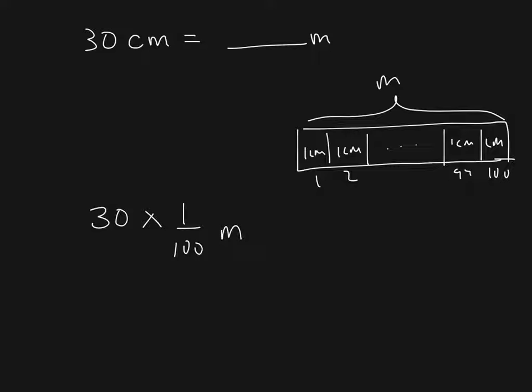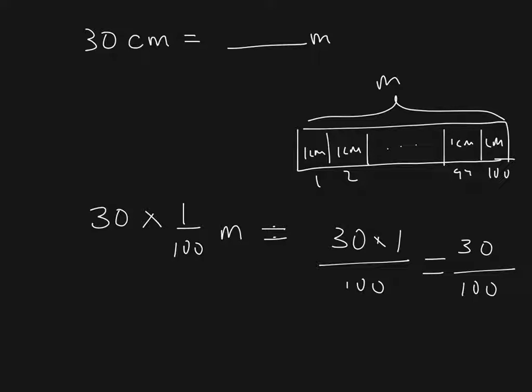So 30 times 1/100th of a meter will be the same as 30 times 1 over 100 meters. And that will be 30 1/100ths.